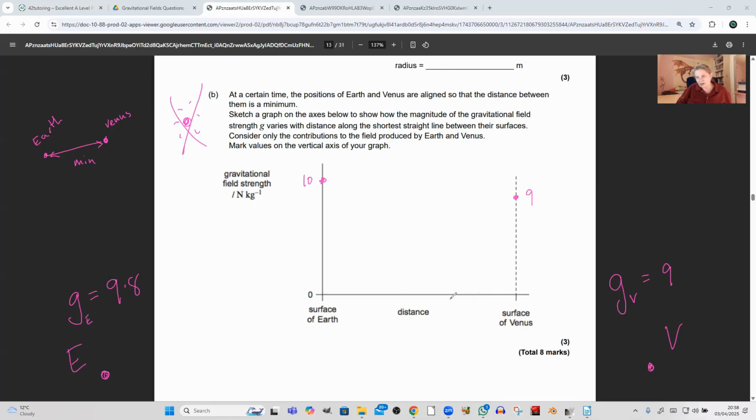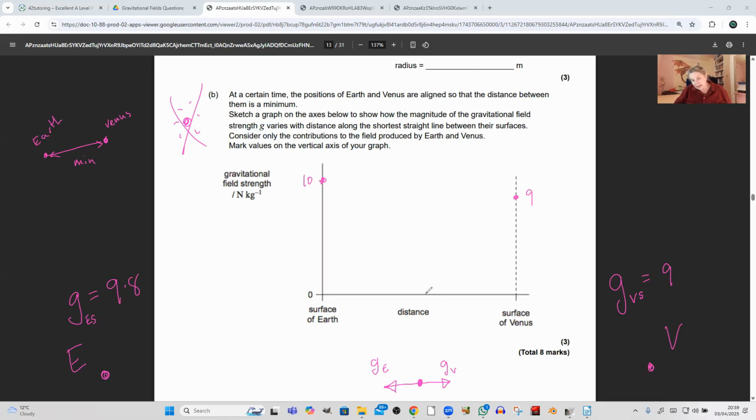But how low does it go in the middle? Okay, does it actually go down to 0? And the answer is absolutely it does, because it's a vector. Okay, remember that we've got the gravitational field strength due to Earth there. That's at the surface, that's at the surface. Matching the gravitational field strength due to Venus there. And they cancel each other out completely at some point along that line.